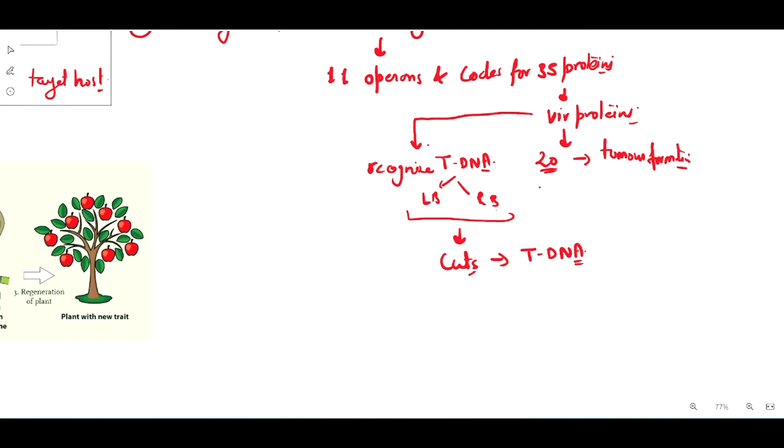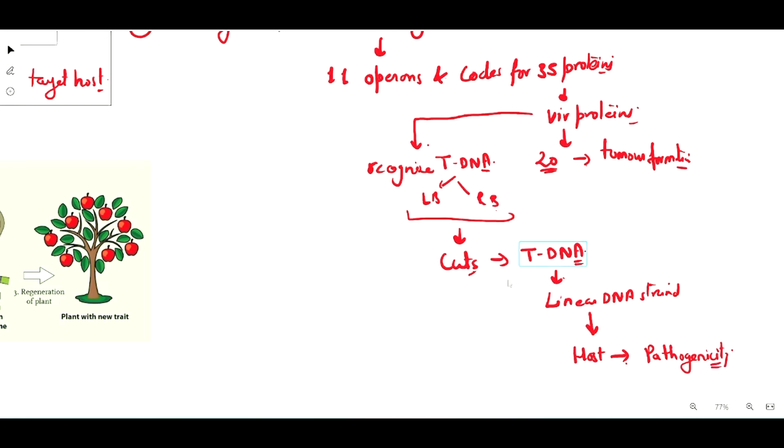This tDNA is a linear DNA strand, which is then transferred into the host where it causes pathogenicity, which leads to crown gall disease.